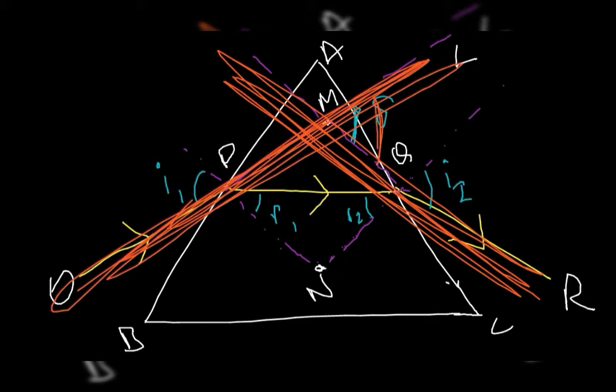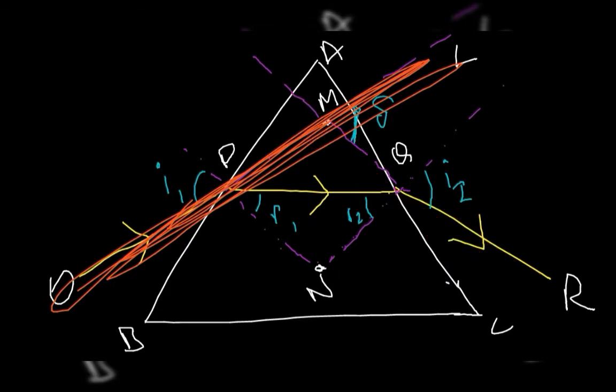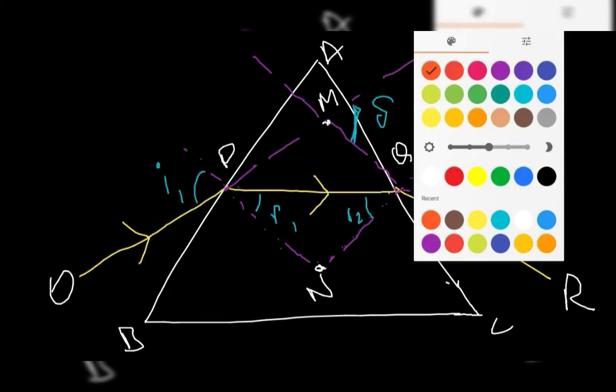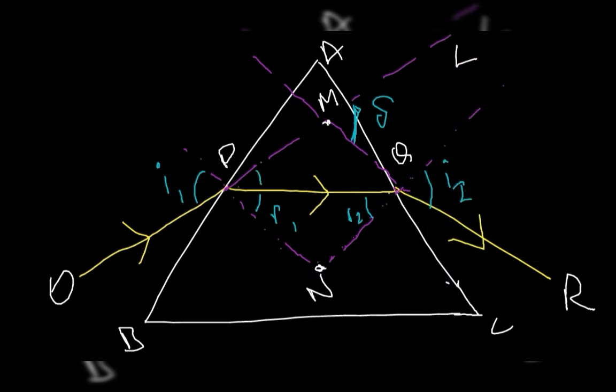So the line has rotated by this much to get to the refracted ray. Understand? Let me erase these two. This is the diagram, and I will just name these two delta 1 and delta 2.